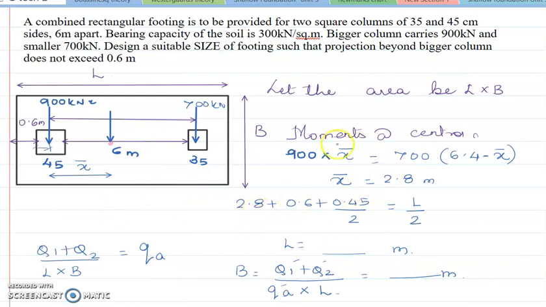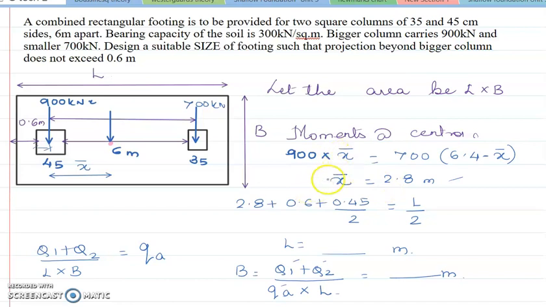Very simple. So all you have to do is find the centroid of the force system and say that that is the centroid of the area. So this you get from Varignon's principle or the simple principle of moments, and this you get from the geometry. You know the centroid of the rectangle is going to be at half of the length. So that half of the length should be equal to whatever you have got from the value of x bar from the moments principle.